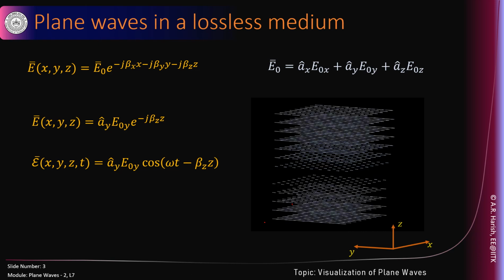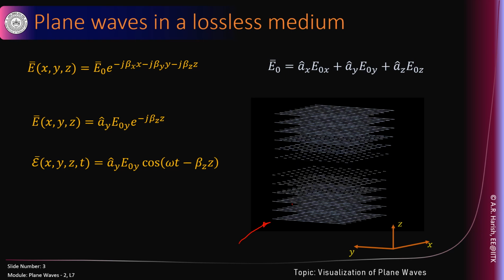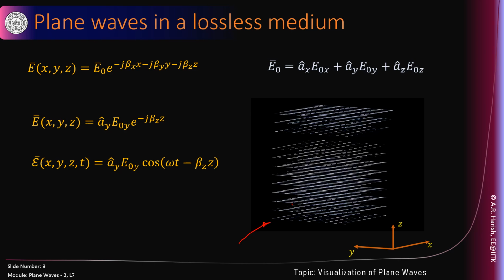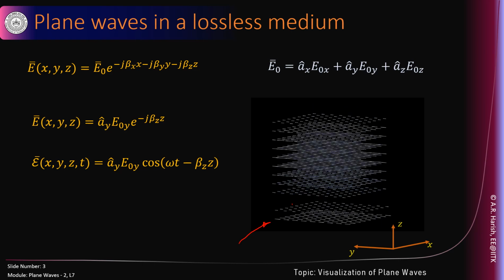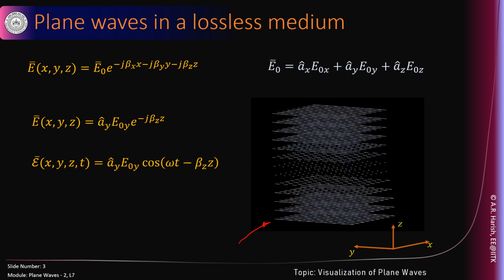Now you observe something else. Instead of observing the wave over the entire space, observe the electric field at a particular point in space. For convenience, let us choose the left bottommost corner, this point in space here. I'm going to run the movie once again and see what happens. That bar is going to go away in a moment, and then you can watch the electric field in the corner.